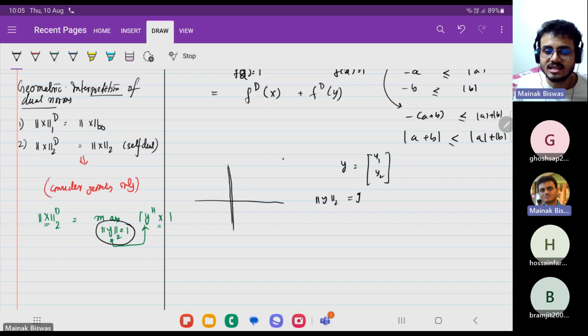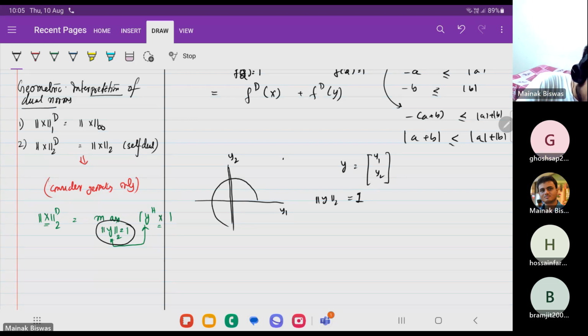All of you said yes, yes, yes when I explained that. It will be a circle, because the square root of y1 square plus y2 square is less than or equal to 1.